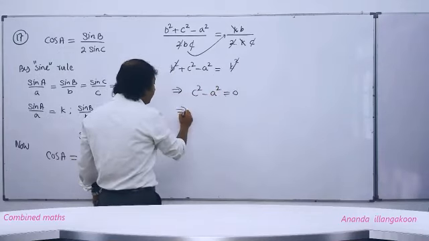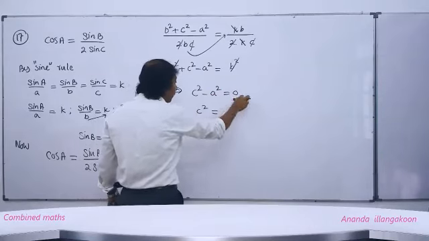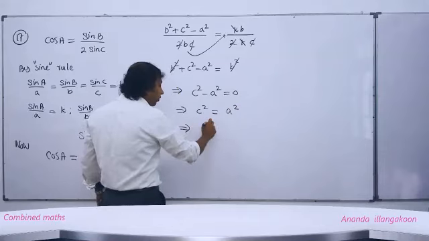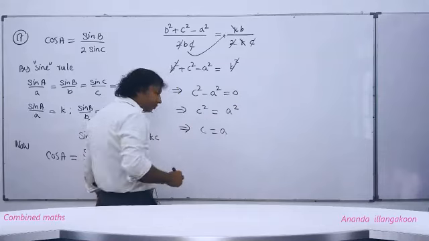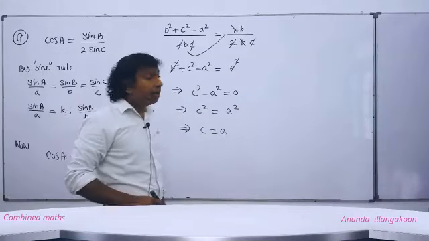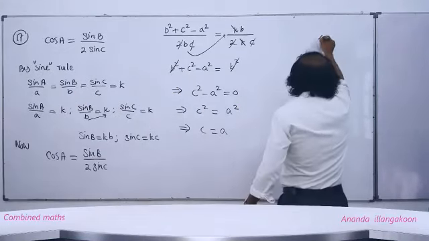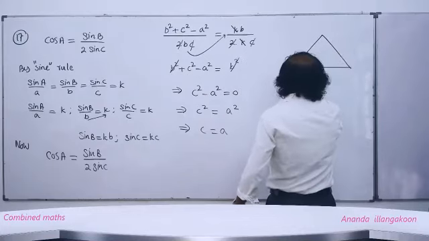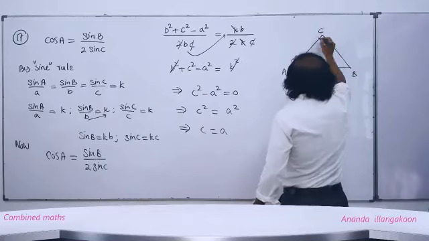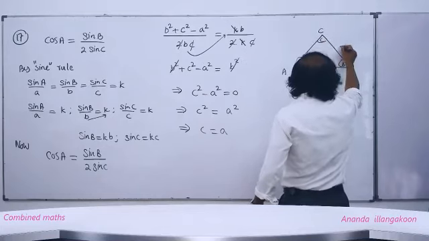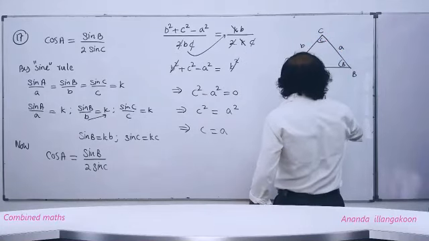What is this here, people? C squared brings right hand side, A squared. Take positive square root on both sides. Then we get C equals A. People, what is meant by C equals A? Under the usual notation of a triangle ABC, this angle is A, this angle is B, this angle is C. This length is small a, b, small c.